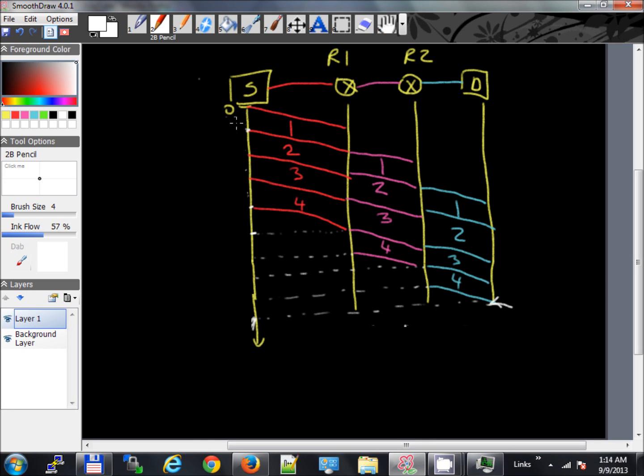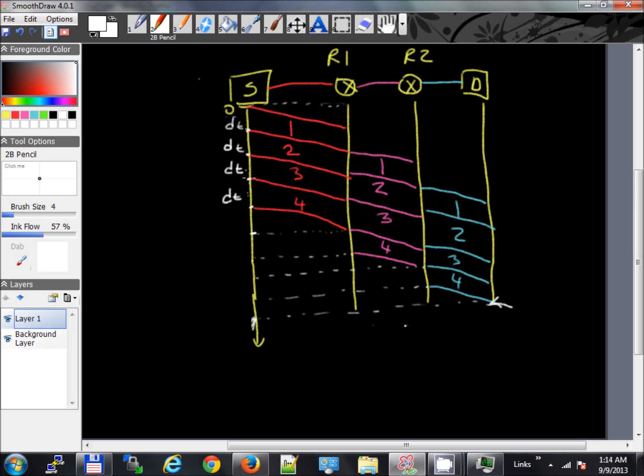Okay, so let's see what delays are involved. When the source sends a packet to router 1, there is a transmission delay, and then a propagation delay. But for this timeline, we'll count all the delays that exist. So the next delay is again transmission delay, from this point to that point.